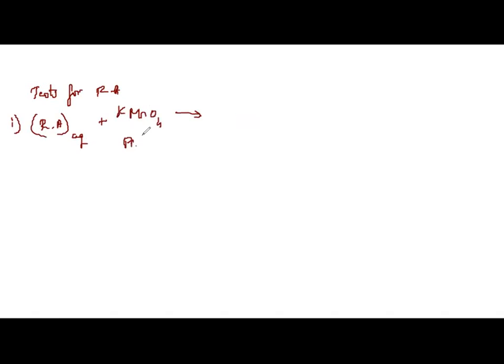The color of potassium permanganate is pink. Later it becomes colorless. So we say it is a reducing agent. Similarly, take aqueous solution of reducing agent and treat it with K2Cr2O7, potassium dichromate. It will get converted to green color.